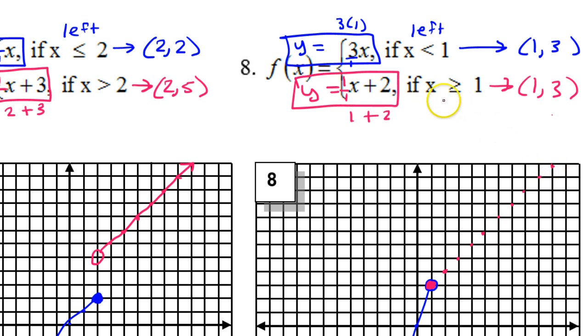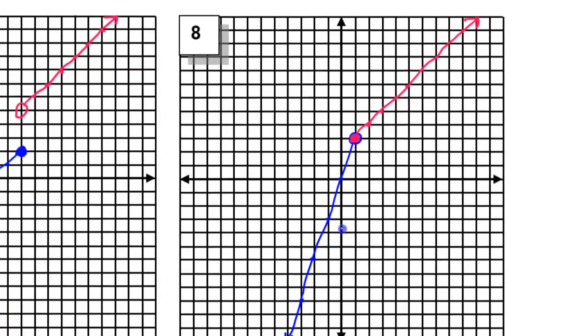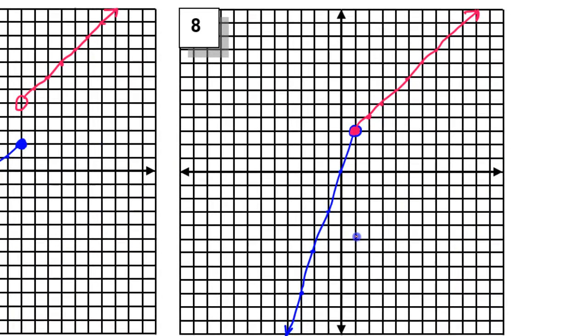And I do want the right hand side of the line because I want my x values to be greater than or equal to 1. So the greater than tells me I need to go to the right. Alright, so this piece of the piecewise function will look like this. And that's it. So your graph for number 8 should look like this.